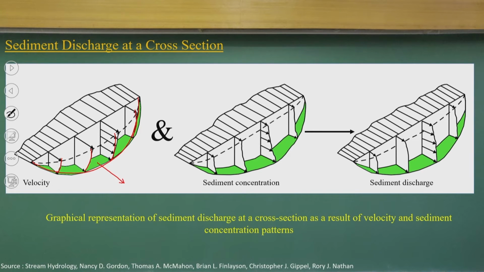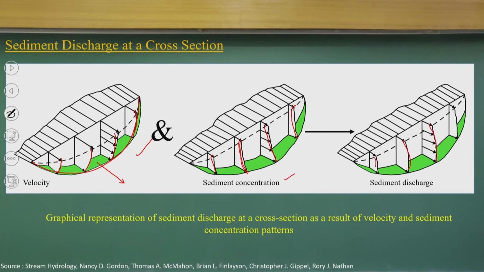The sediment concentration follows an exponential decay, so values will be high and will decay as you go off. The sediment discharge, which is the sediment mass per unit time, is the multiplication of the discharge and the sediment concentration, and they will follow these diagrams.